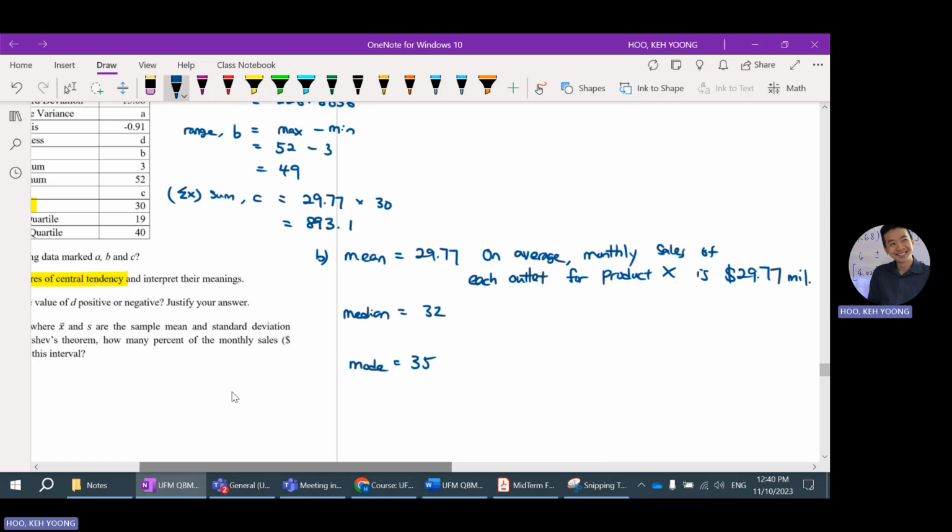How about median? When I say median is 32, what does it mean? The middle value. Median is the middle value, the center of your data sets.